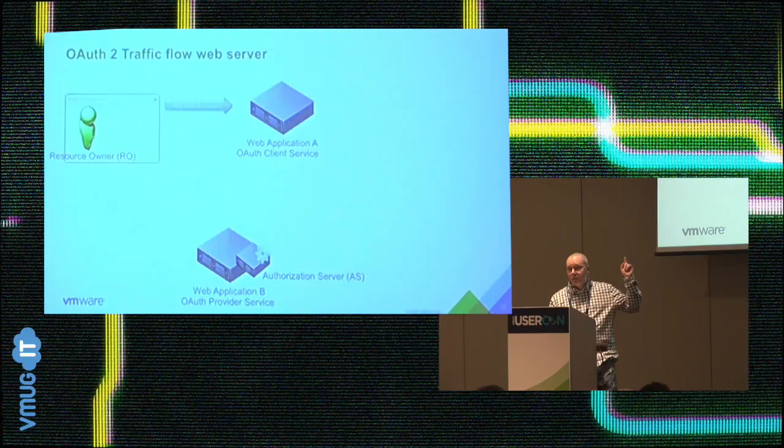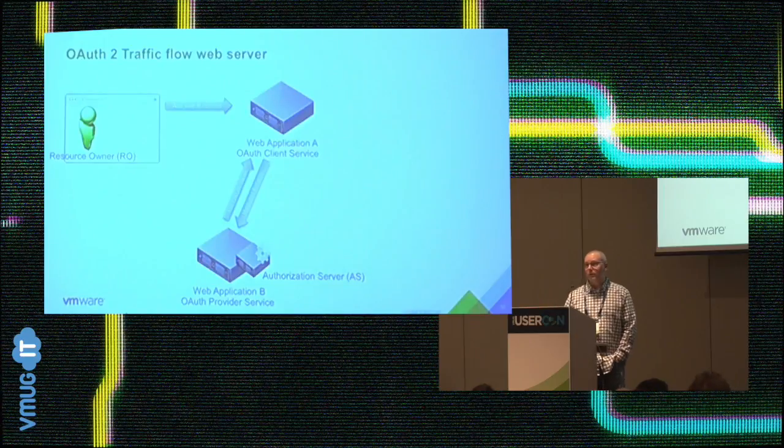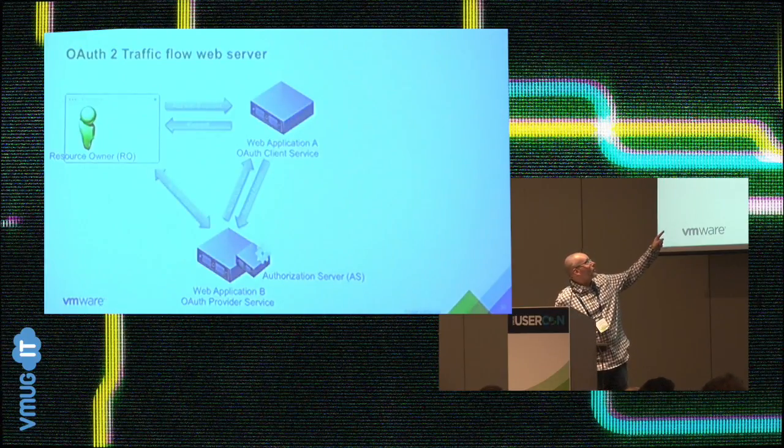The resource owner, the user, now visits the web application and wants to add content from the other web application. The web application reaches out and says, hey, could I please add content for this user? Obviously, you cannot read this, but it says no OAuth token.